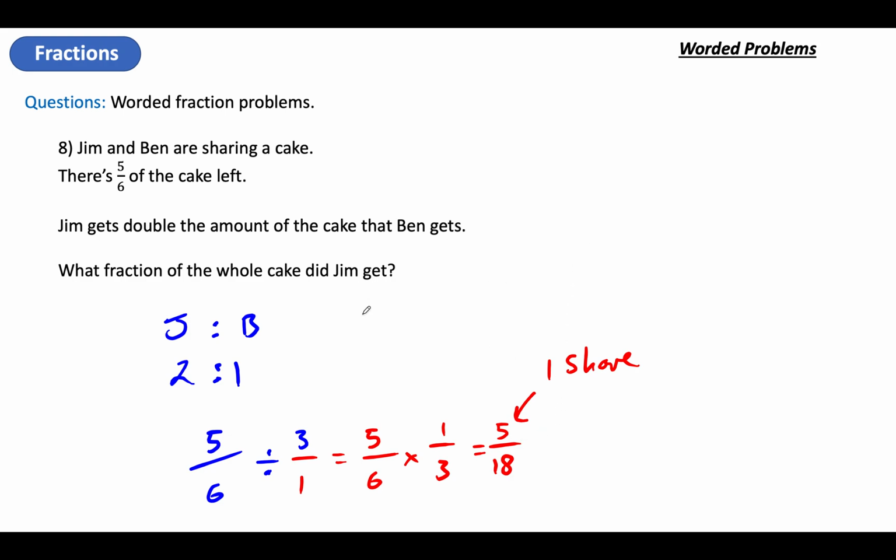Well, Jim is going to get 2 lots, isn't he? Because we've got 2 to 1. Now we know that 1 part is 5 out of 18. That means that Jim is going to get double that, which is 10 out of 18. So Jim gets 10/18, or if you simplified it, both of those divide by 2, so 5/9. And I'll accept either of those because it didn't say to simplify it, and I think that's quite tricky.